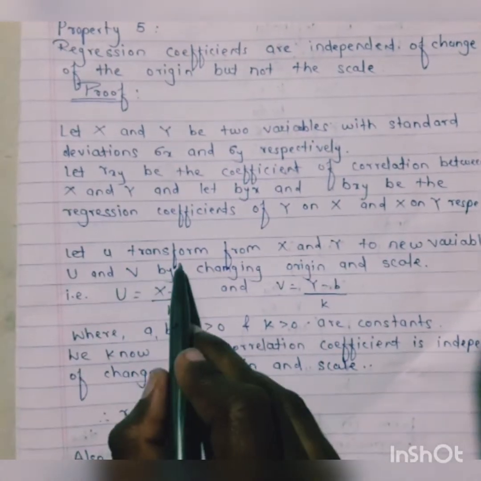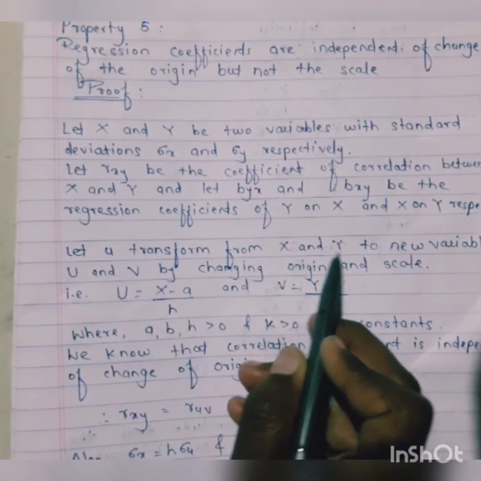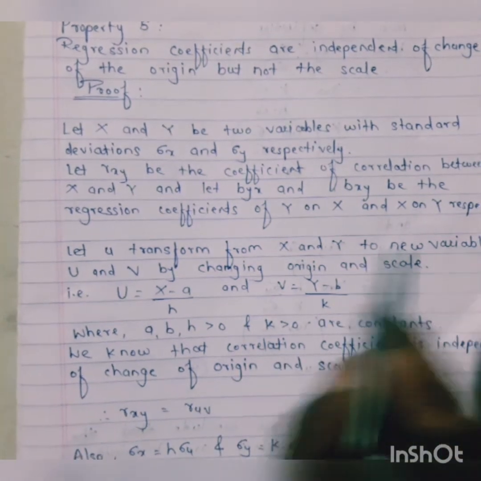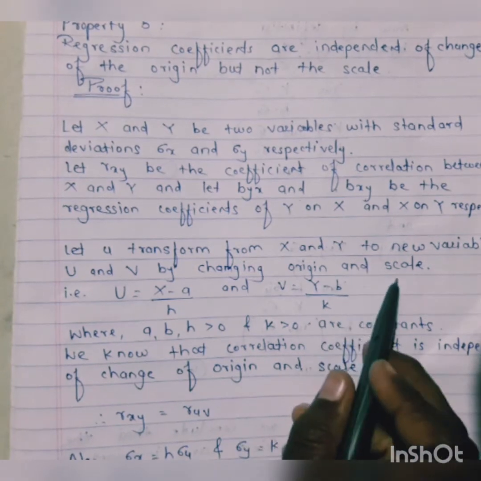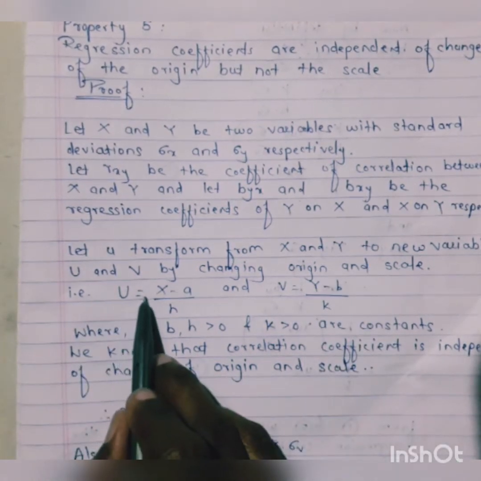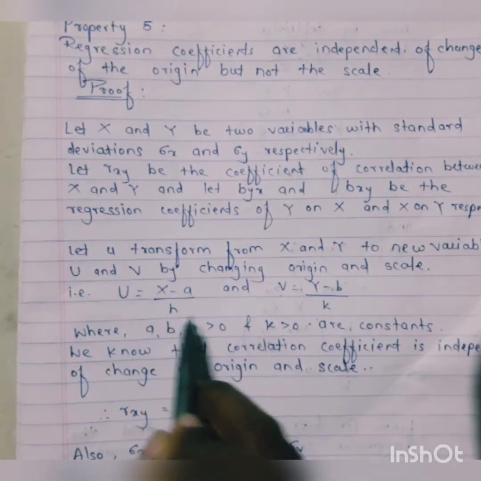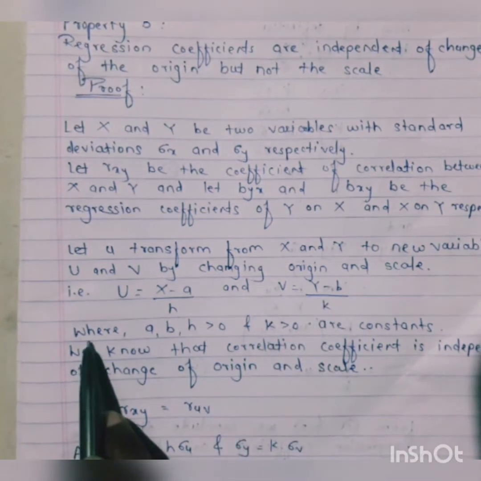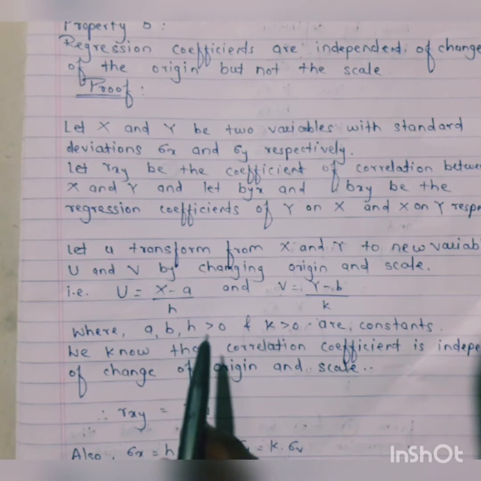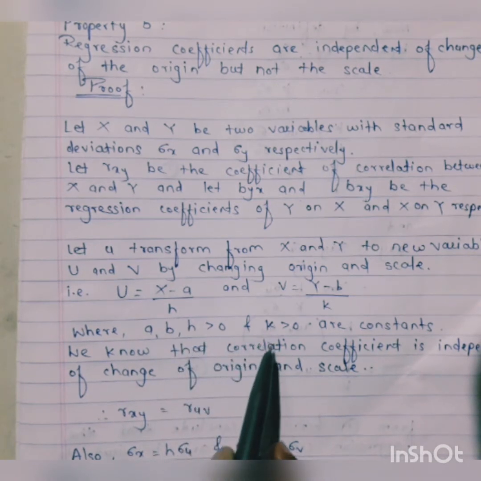Let us transform from capital X and capital Y to new variables U and V by changing origin and scale. That is, U is equal to X minus A upon H and V is equal to Y minus B upon K, where A, B are constants and H greater than 0 and K greater than 0.